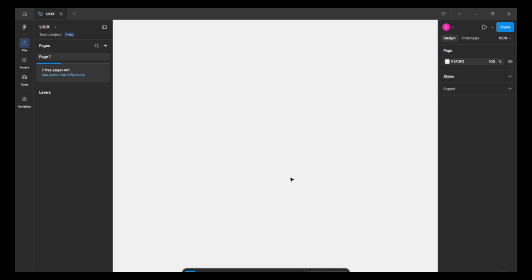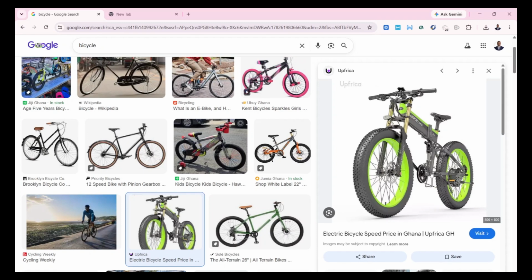Imagine you have a bicycle. All the parts you can see, the handlebars, the seats, the tires, the color of the bicycle, are the UI of the bicycle.